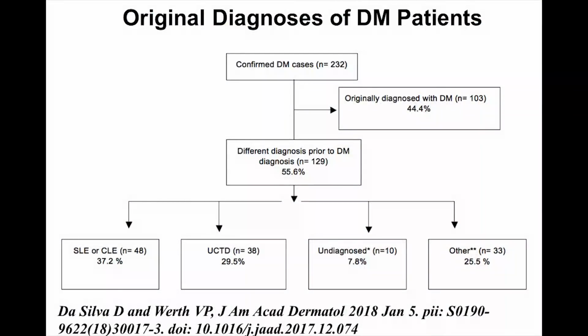So what about the original diagnosis? Here is to show you that of 232 cases of confirmed DM that have come into our database, when they were referred in, only 44% of them had that diagnosis. So what were they called?